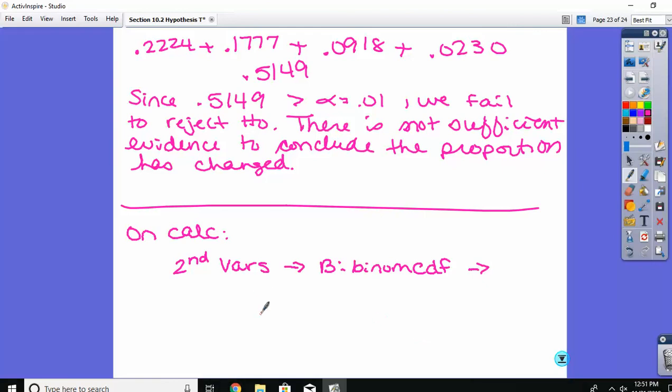Now, it asks you some questions. Trials. How many trials did we have on this? 34. P, what was our proportion we were using? And our X, what X are we looking at?